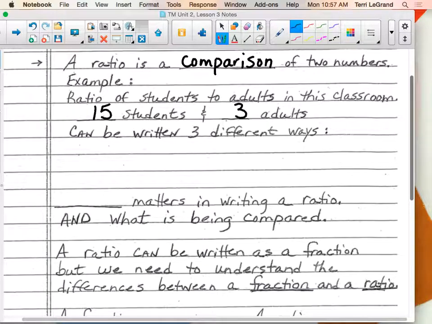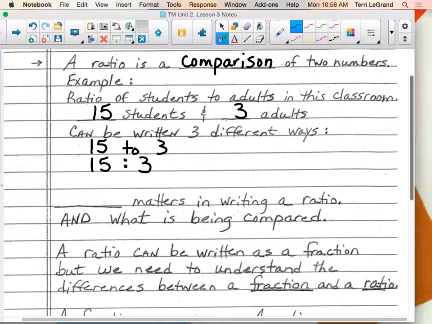Okay. So if we want to compare the number of students to the number of adults in this classroom, the ratio of students to adults can be written 3 different ways. We can write it as 15 to 3. We can write it as 15 colon 3.